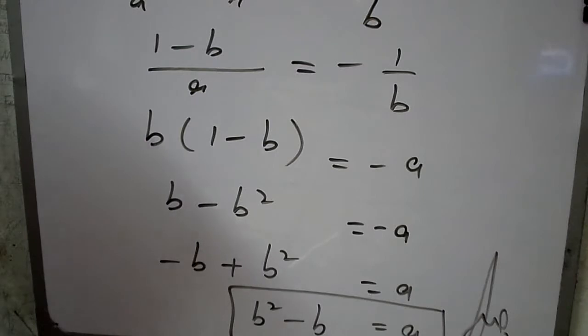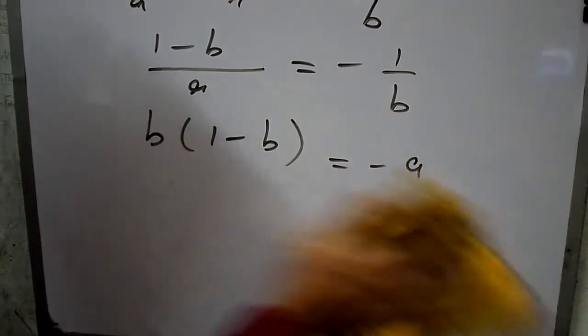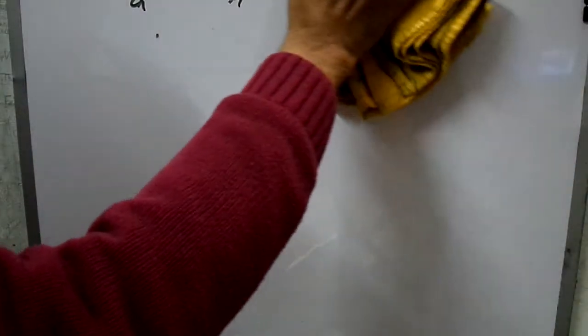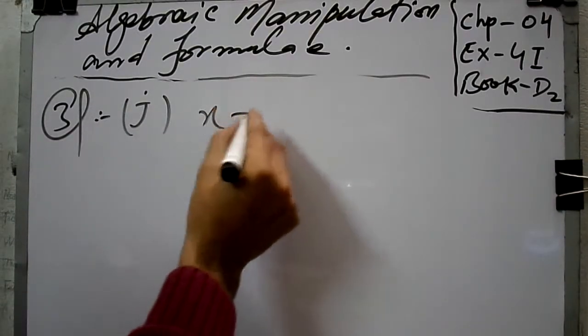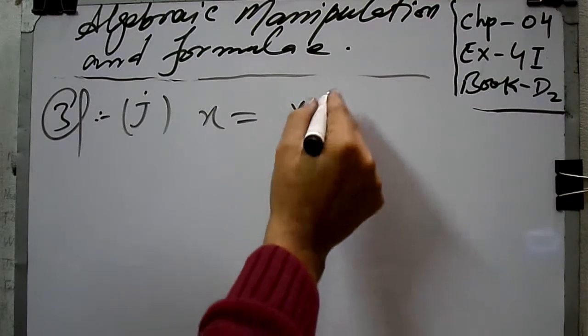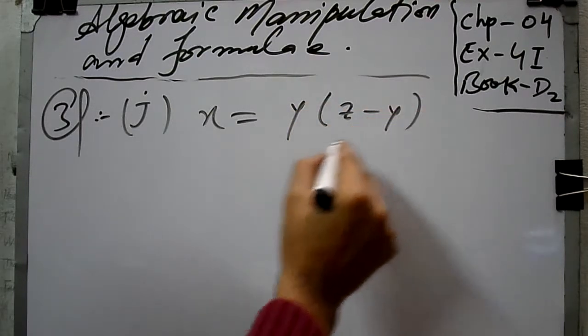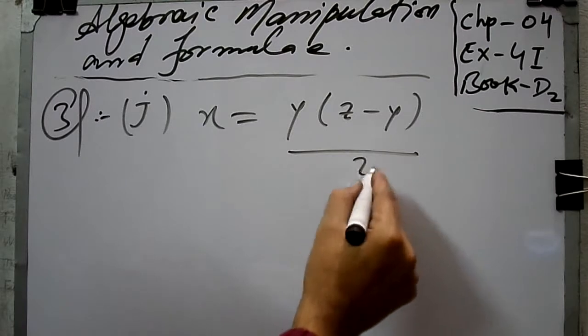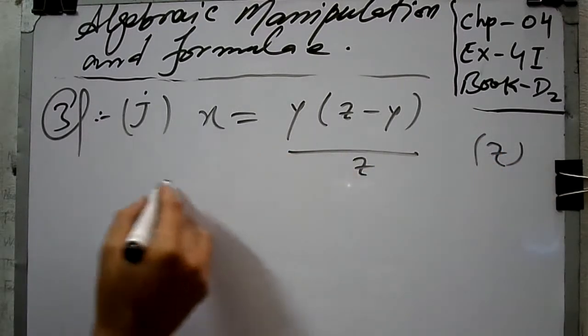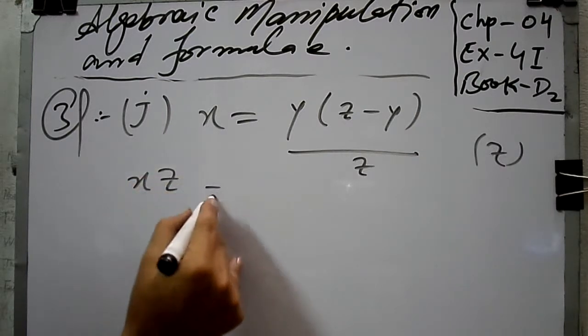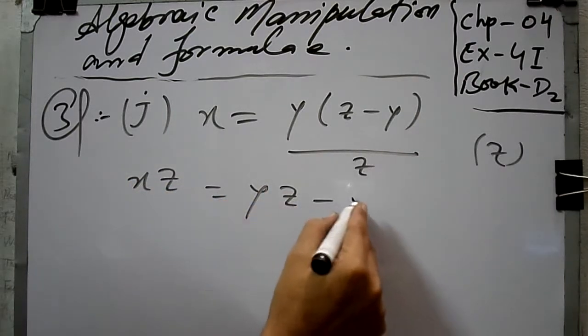Now coming to the J part. You can see here in J part, x is equal to y into z minus y divided by z. We have to make z as a subject, so by using cross multiplication, xz is equal to yz minus y square.